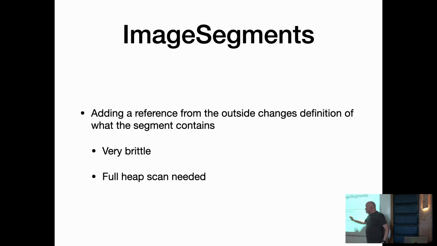So it's very brittle. You need to manually maintain the incoming pointers that you want to have known so that it doesn't remove the objects from your segment. And another big problem, which of course with small images is not a problem, but you need a full leaf scan. So imagine you have multiple gigabyte images but you have tiny segments, this will not scale at all.